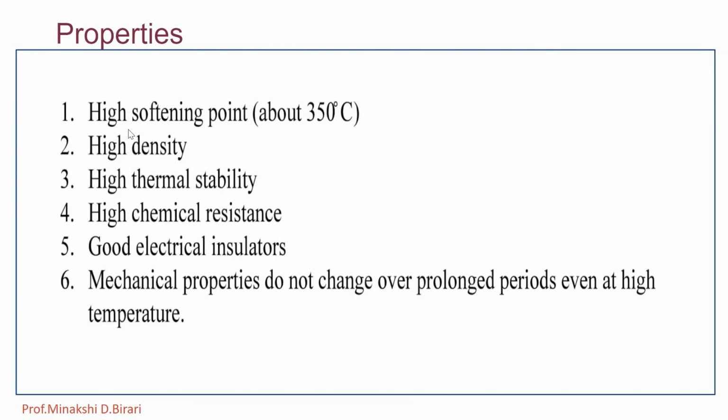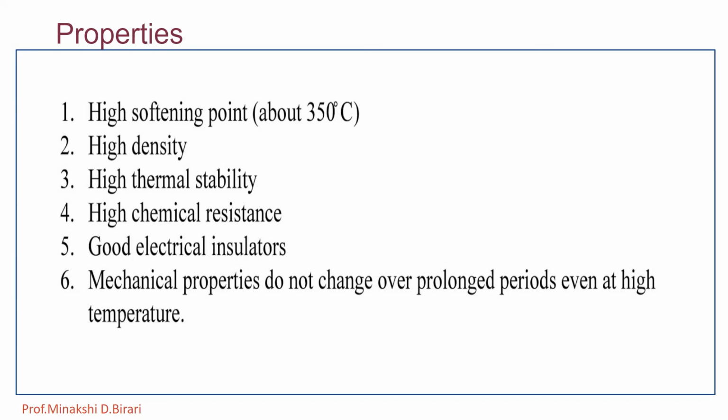Teflon has a high softening point, high density, high thermal stability, high chemical resistance, and is a good electrical insulator, and mechanical properties do not change over prolonged periods even at high temperature. The Teflon molecule has a highly regular structure with configuration leading to a 13/6 helix.